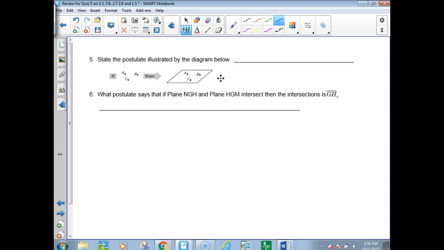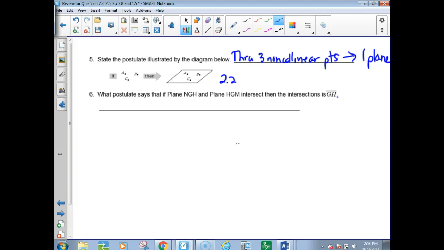Yeah, but I'm saying if you don't want to look that up, though, you could just say through, and I'll let you abbreviate, through 3 non-collinear points, there's going to be one plane. That's what it says. So you just telling me what you see here, 3 non-collinear points, then you get a plane. That's what that's about. It is in your ISN though.